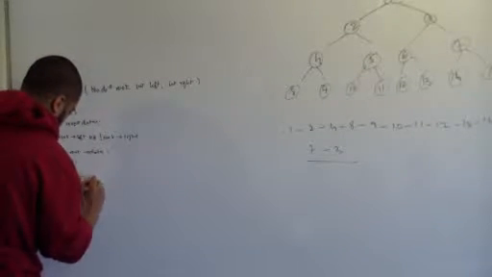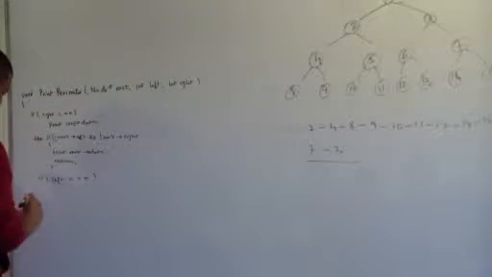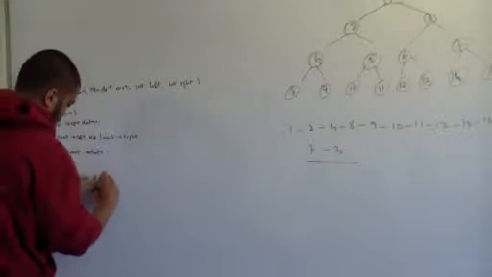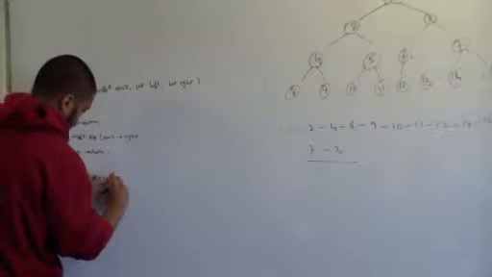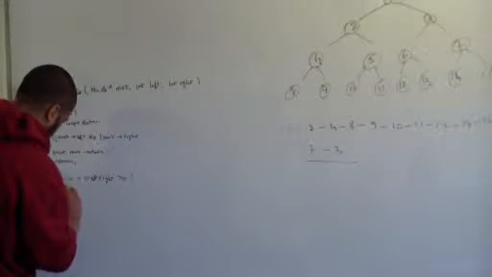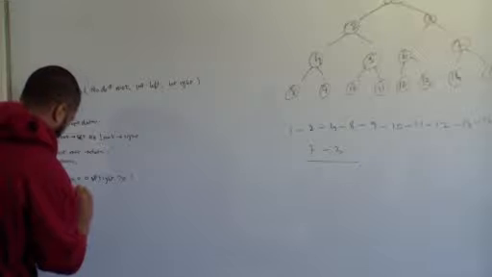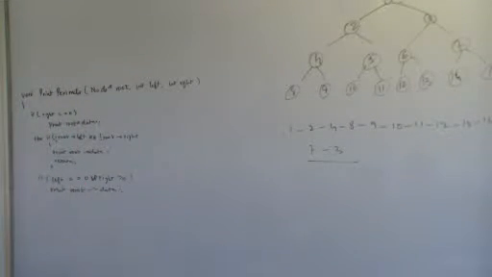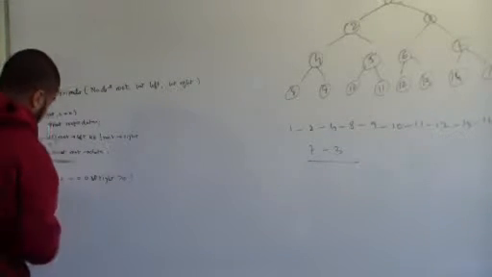Then if left equal to 0 and right greater than 0, print root data. Sorry, these nodes go in a stack.